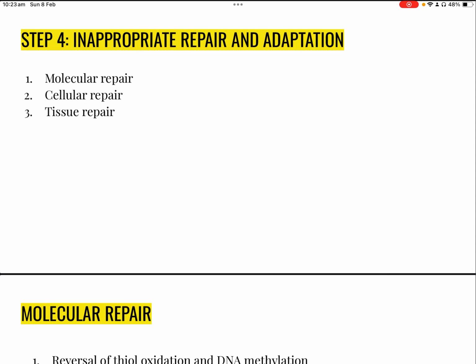Cellular repair, this is the autophagy of damaged organelles. So again, cellular repair is the autophagy of damaged organelles. When you say autophagy, that is the process of intracellular degradation or recycling system, or in short, self-eating.